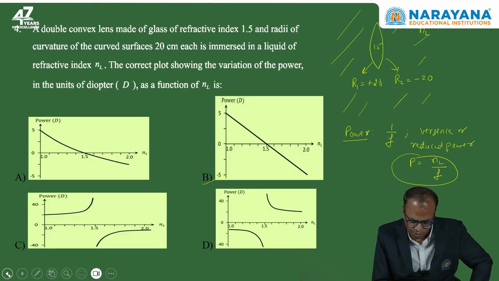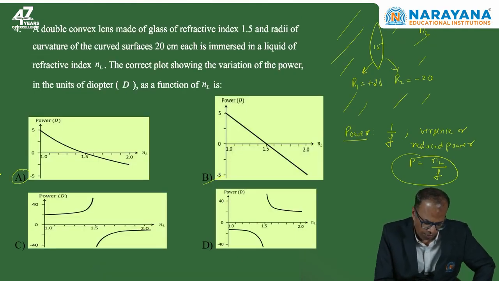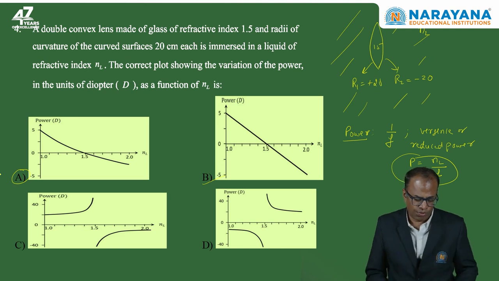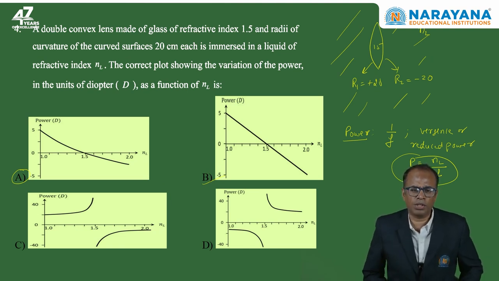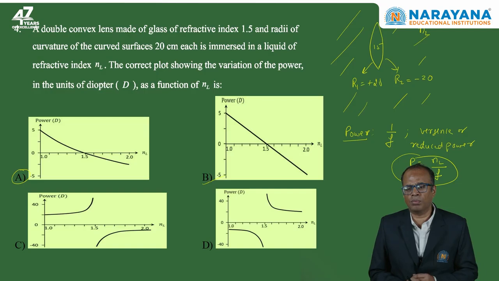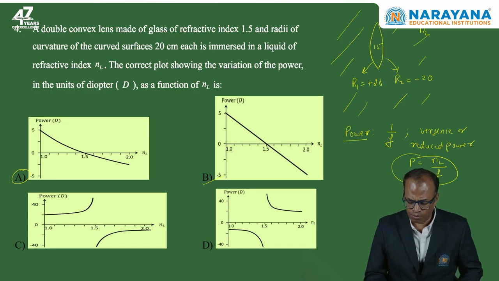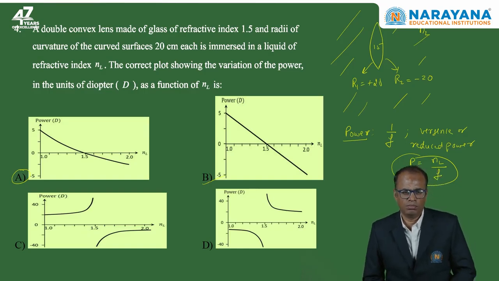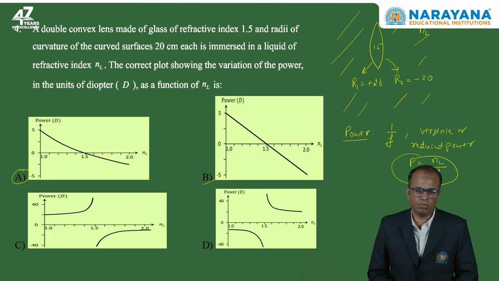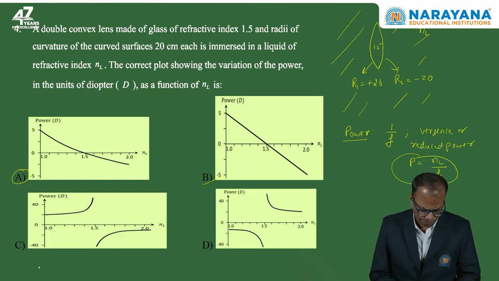So obviously C and D are rejected and we get option A. So if we choose power as 1 by F, we get the answer as option A. If we choose power as NL by F, or vergence or the reduced power using the standard power formula of mu2 minus mu1 by R, then we get option B. I'm not sure which answer JEE is going to accept as the correct answer. My idea is most likely it is going to be a double key. Let's see.